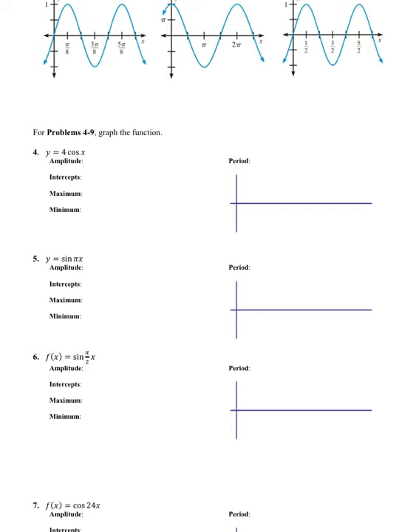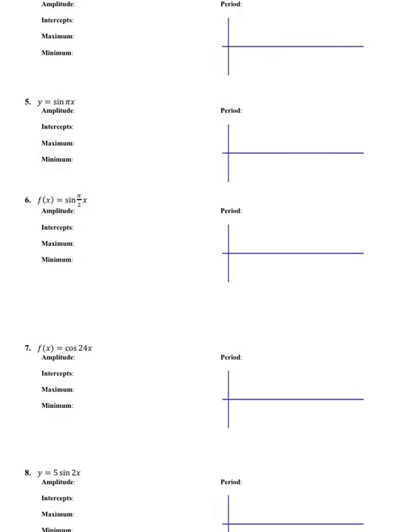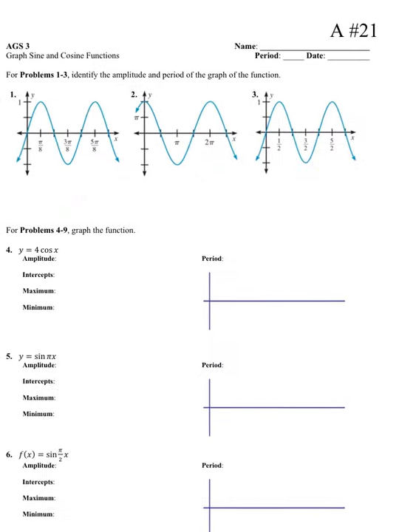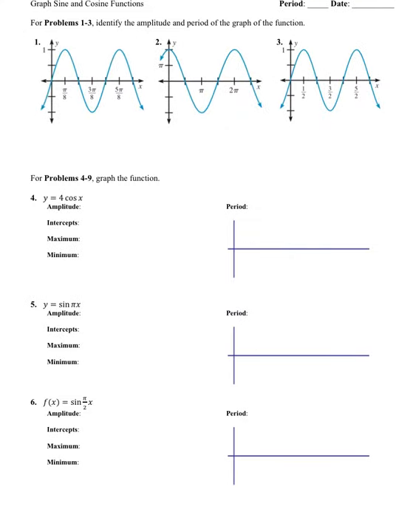Now, after you have the sketch, identify the amplitude and the period, and then label your graph, and finally fill in the intercepts, maximum, minimum values. That's the order you should kind of work in for problems 4 through 9. Just 5 practice problems, or I guess 6 practice problems to get you to practice sketching these functions.